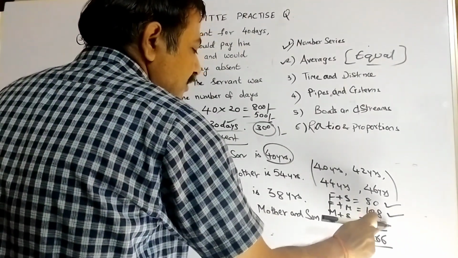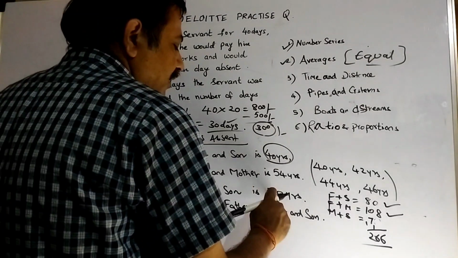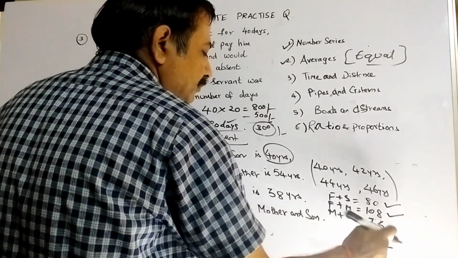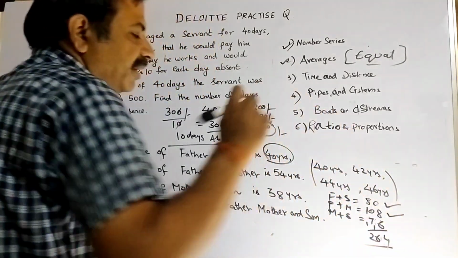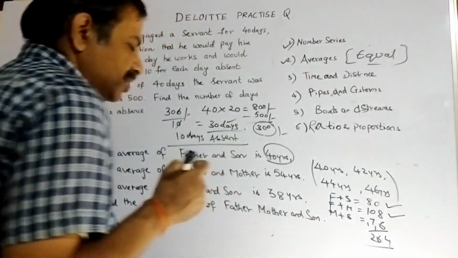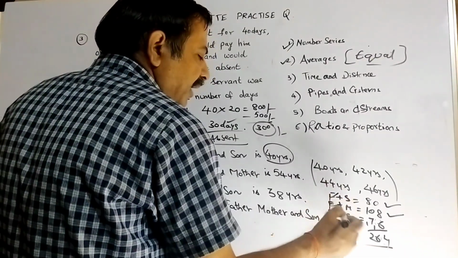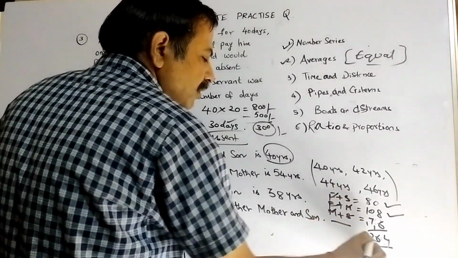Not 78, dear students, I'm sorry. So it's nothing but 264. Now this is 2 times father, 2 times mother, 2 times son.